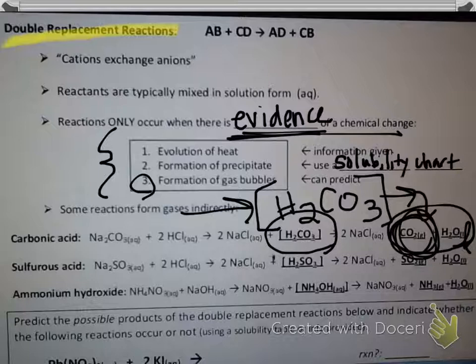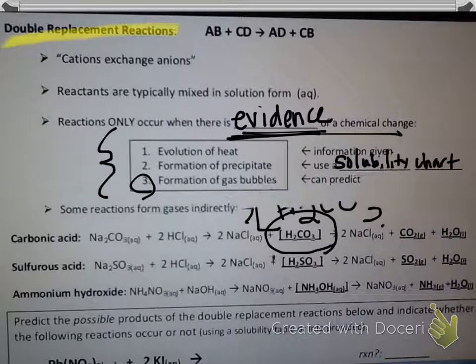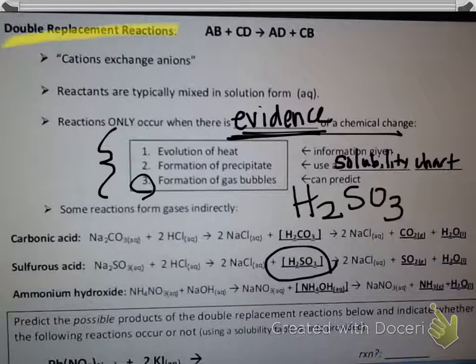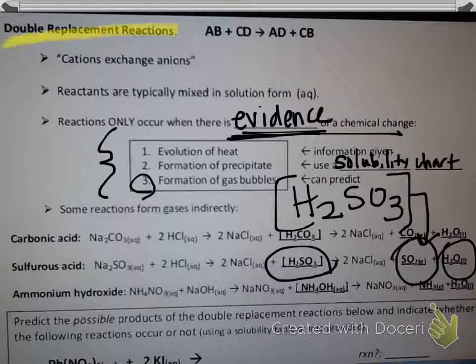Okay, what's the other time that you're going to produce a gas? There's 3 instances where you can produce a gas in your products. If you ever predict that one of your products is H2SO3, H2SO3 will also further break down to spit out water, but it will further break down to spit out sulfur dioxide. Sulfur dioxide is a gas, so this is metastable.